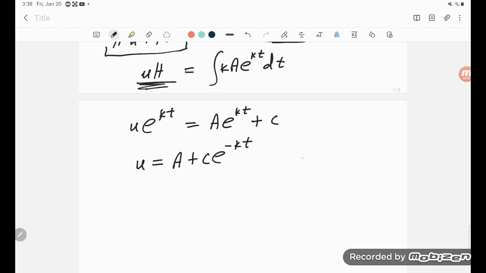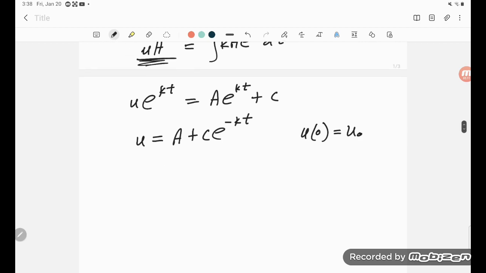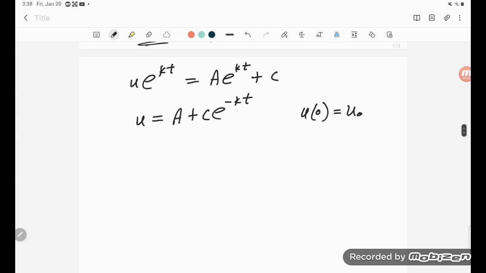And now if I'm given an initial condition like u of 0 equals u0, under that initial condition, I can place that in here. So I'd have u0 there for u equals A plus C and e to the 0, but that's just 1, so I get this. Solve for C, that's C plus A is equal to u0.